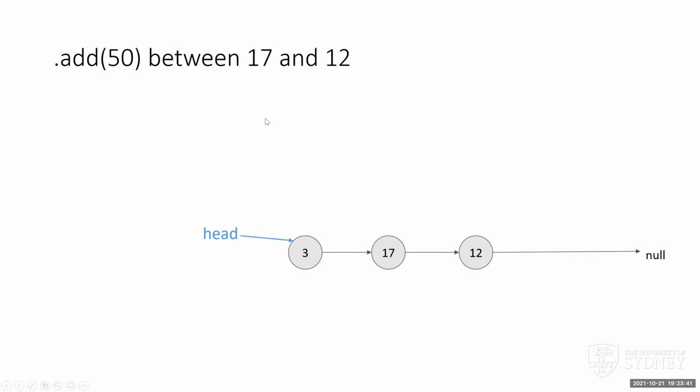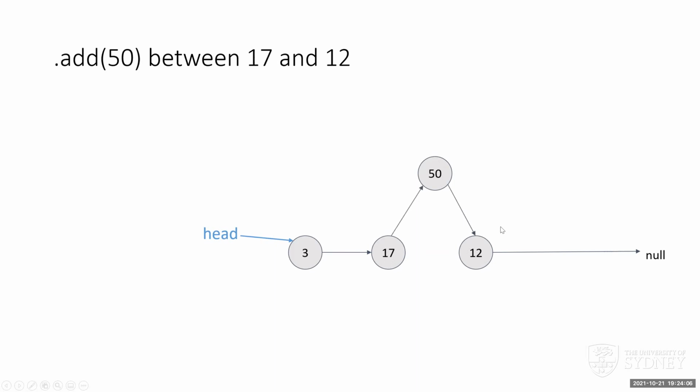Other cases, like if we're trying to insert somewhere in the middle, not at the start, not at the end, but somewhere in the middle, let's say between 17 and 12. So you have a node 50, you want to insert that one between 17 and 12. Now you know what you have to do, right? Since this is between 17 and 12, 50 will point to 12, right?